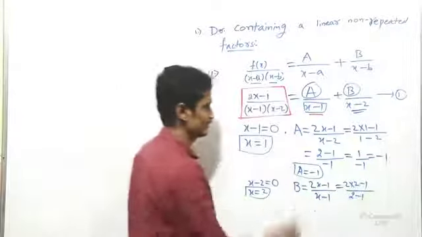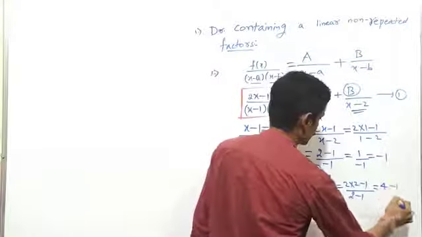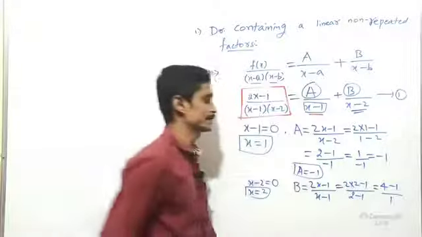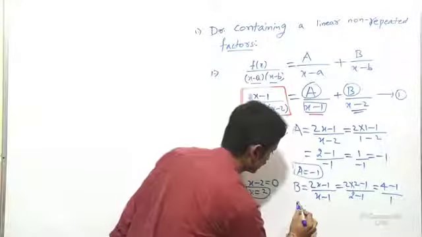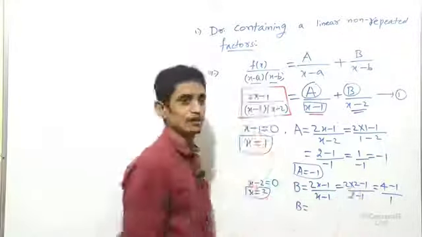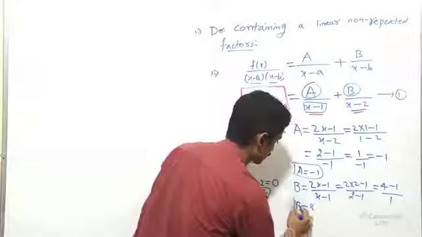Clear? Simplification is very easy. 2 twos are 4, minus 1, upon 2 minus 1 which is 1. Then the answer is B equal to 4 minus 1 is 3, 3 divided by 1 is 3.